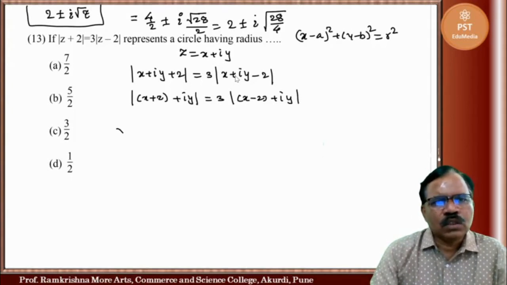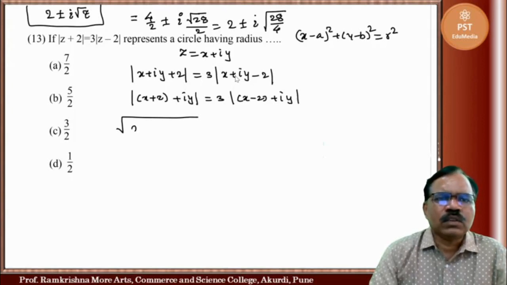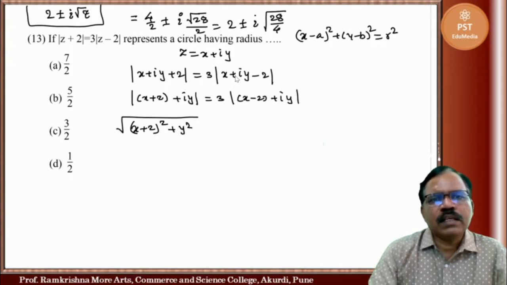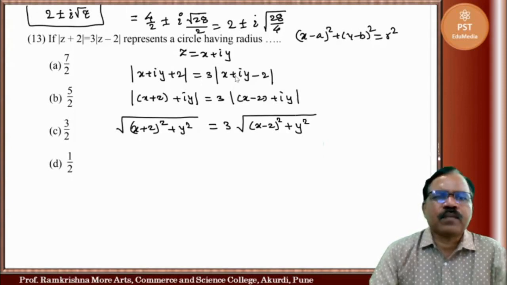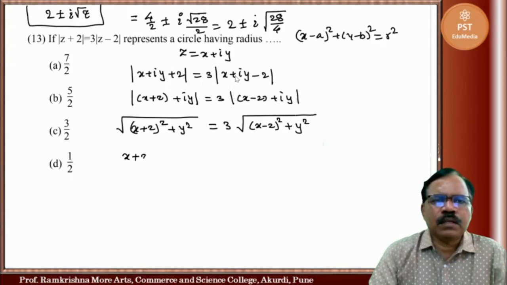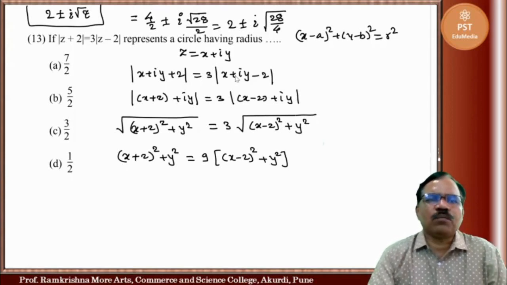Now modulus of this, we know, is square root of real part square plus imaginary part square. So square root of (x plus 2) square plus y square is equal to 3 into square root of (x minus 2) square, real part square, plus imaginary part square. So we can write this as (x plus 2) square plus y square is equal to 9 in bracket (x minus 2) square plus y square. So just square on both sides.